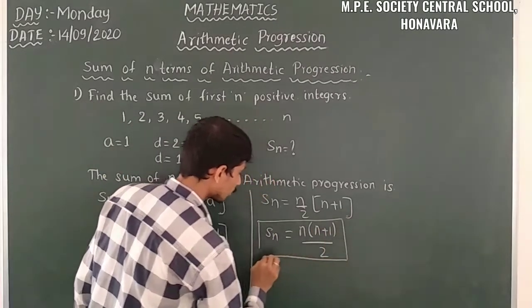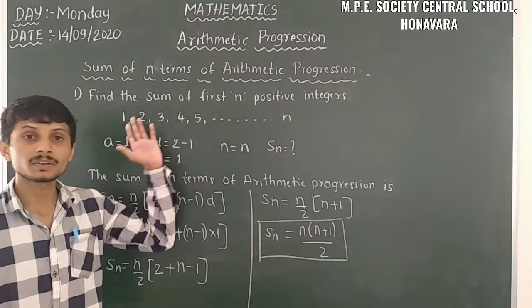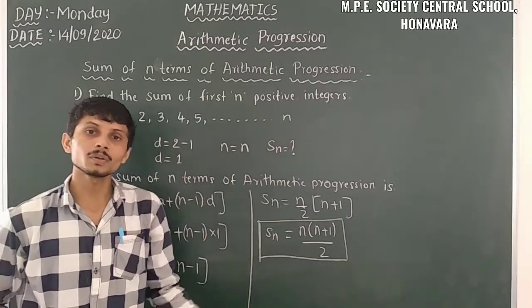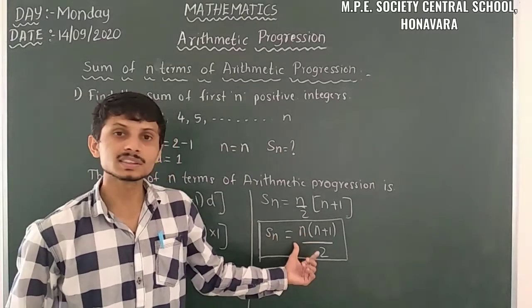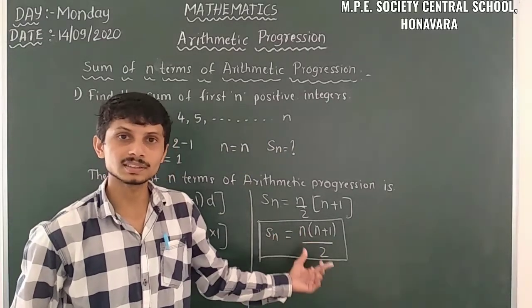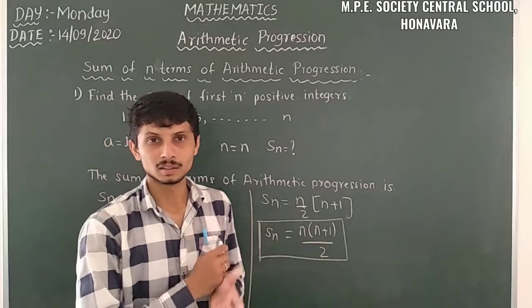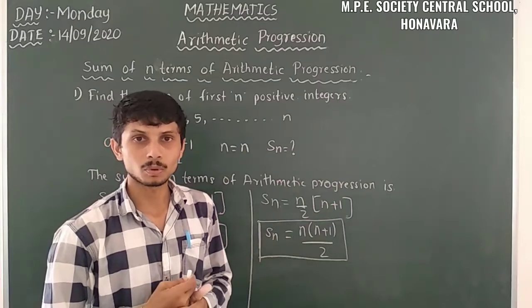This is the formula for finding the sum of the first n positive integers. Whatever you take, for example 20 or 30, you just insert the value of n in this equation, and then we find the sum of the arithmetic progression.